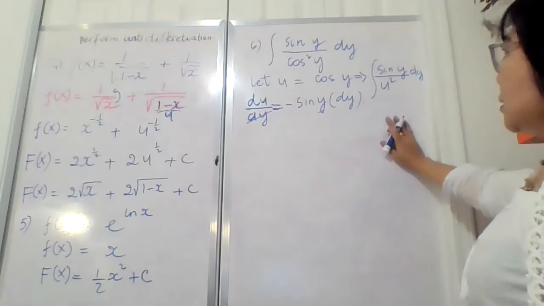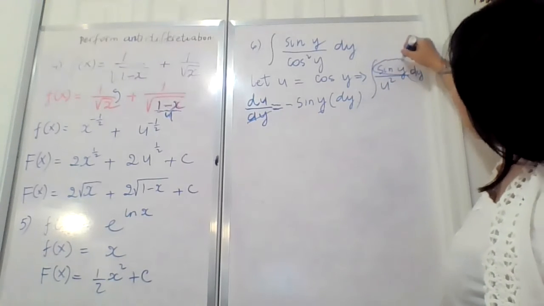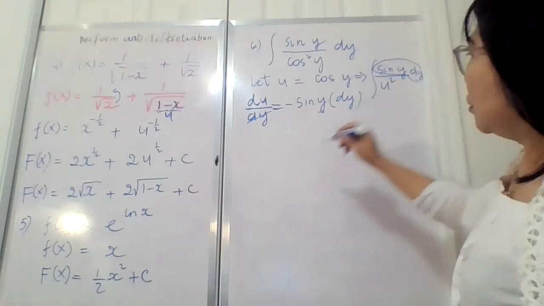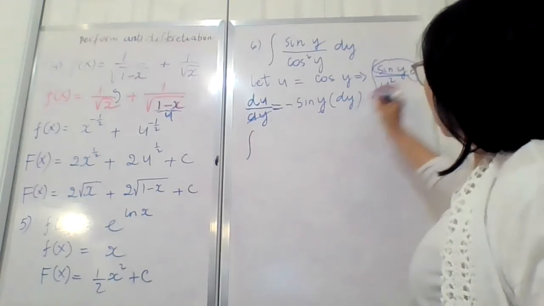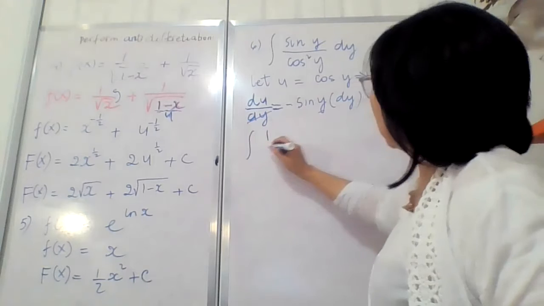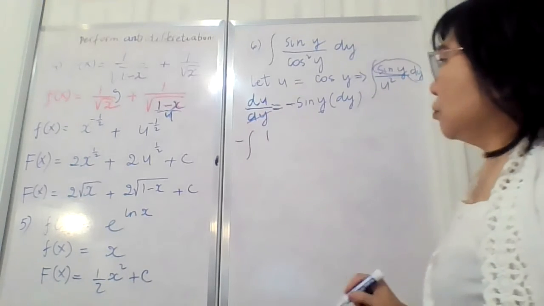Now why do I do this? Because if you look at the top of this function, you see sine y dy. So I'm going to rewrite this: sine y dy just becomes negative du, since I can put a negative outside as well.